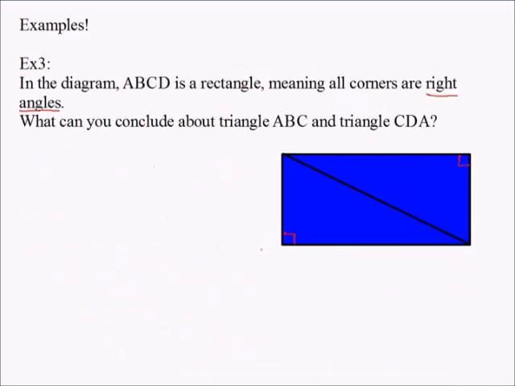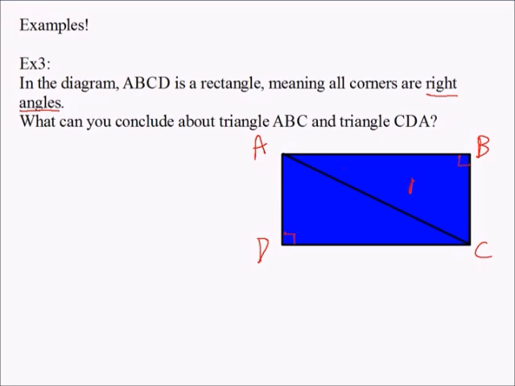Next. So here's A, B, C, and D. In the diagram, ABCD is a rectangle, which means all corners are right angles. So B is a right angle, BCD is a right angle, CDA is a right angle, and DAB is a right angle. Anyway, what can we conclude about triangle ABC?